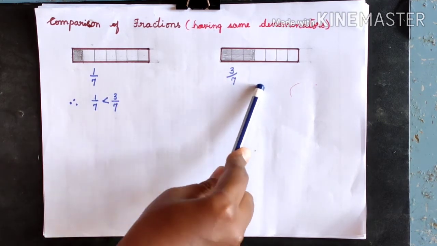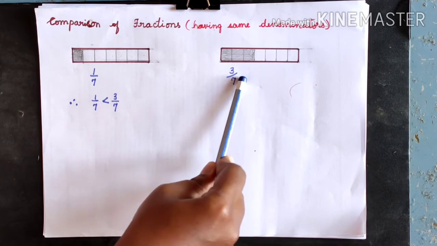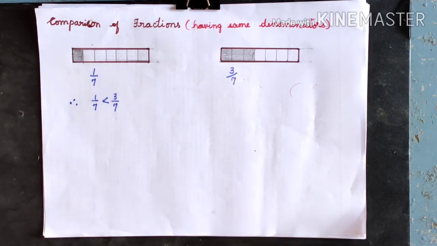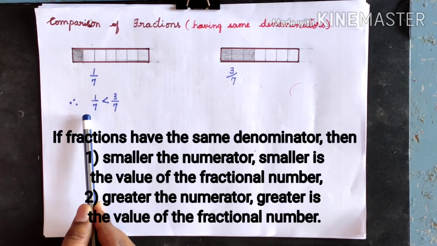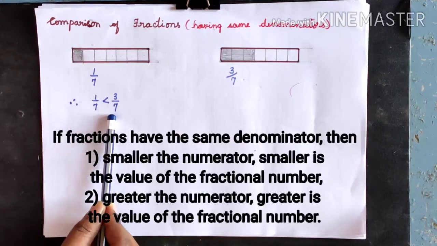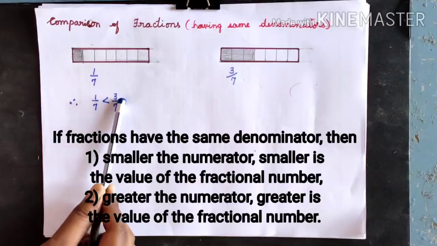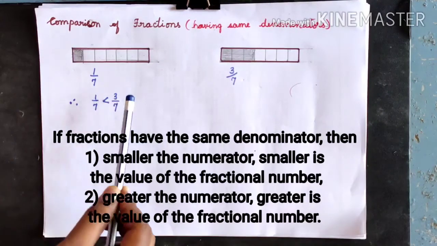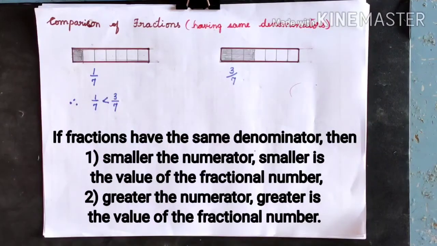So you can say that 3/7 is greater than 1/7. Or you can apply the rule here: when the denominators are same, compare the numerator. Smaller the numerator, smaller the value, or greater the numerator, greater the value.